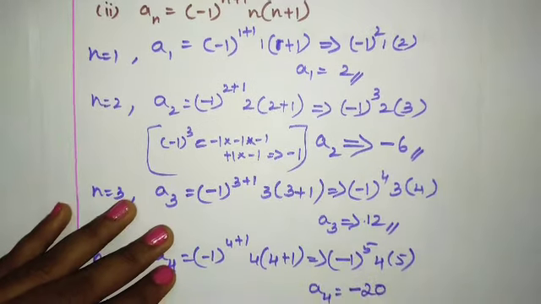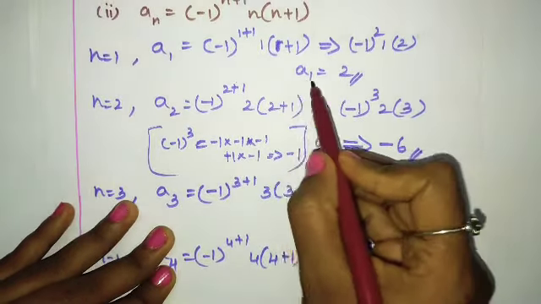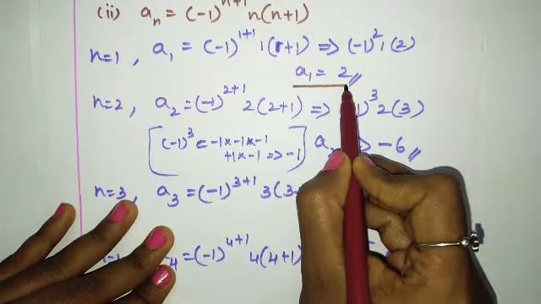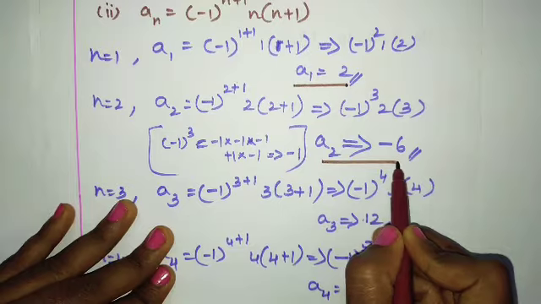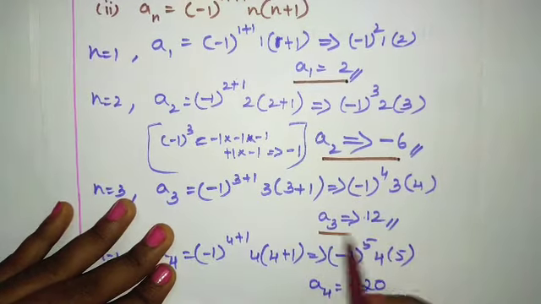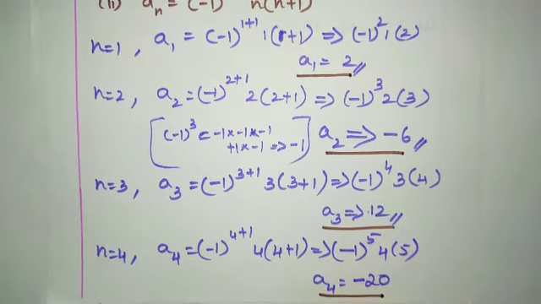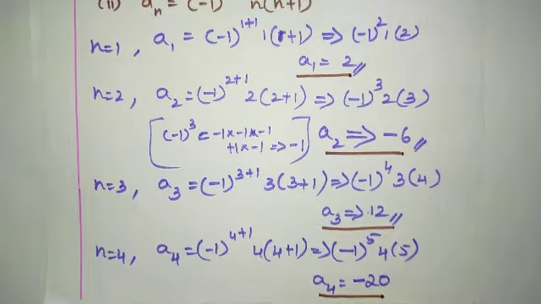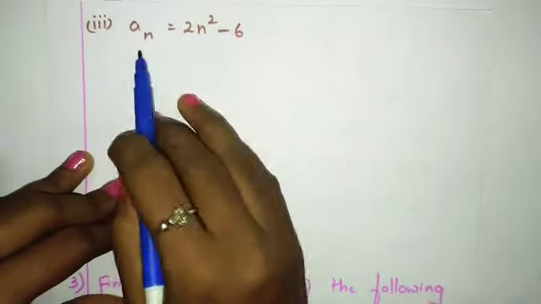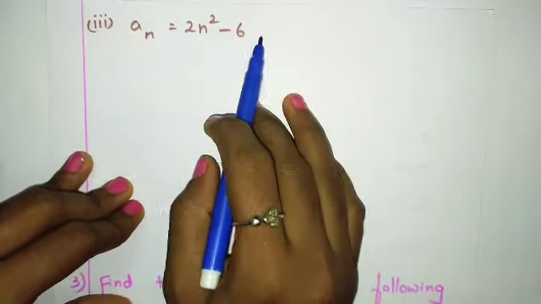So your first term is 2, second term is minus 6, third term is 12, and fourth term is minus 20. So this is your 4 terms. Now we'll see the next subdivision. Next sum, an is equal to 2n square minus 6.